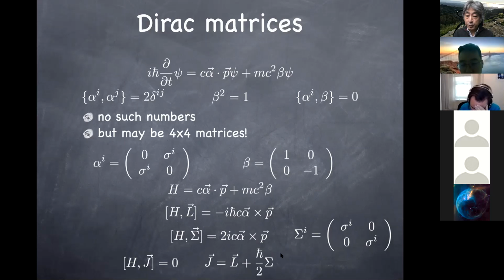So h bar over 2 times the capital sigma matrix has eigenvalues either positive h bar over 2 or negative h bar over 2. And those are the eigenvalues of spin for spin 1/2. And therefore, conservation of this J suggests what we are dealing with is a spin 1/2 particle.